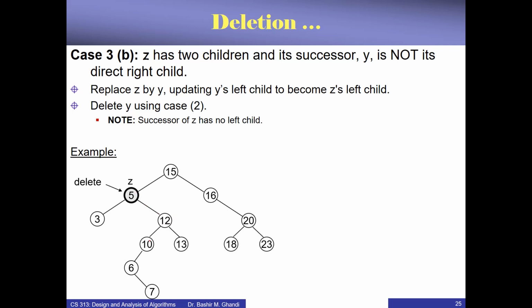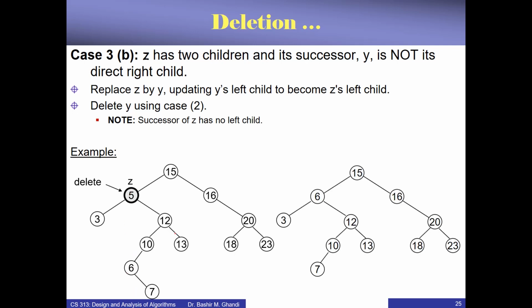We have to go deep and find the successor. The successor here is 6. So we're gonna replace the 5 with a 6 and then delete the 6. So 6 will be here replacing the 5, and 6 has been deleted from here, so the only one child is going to be promoted to replace the 6, and this is the final answer.